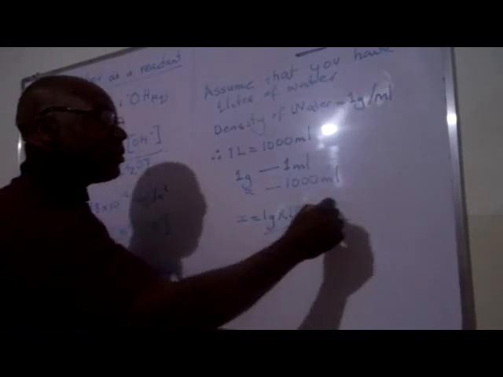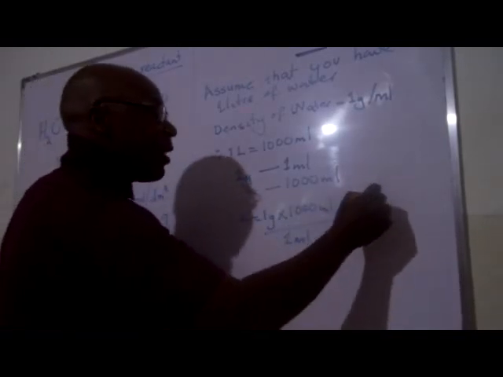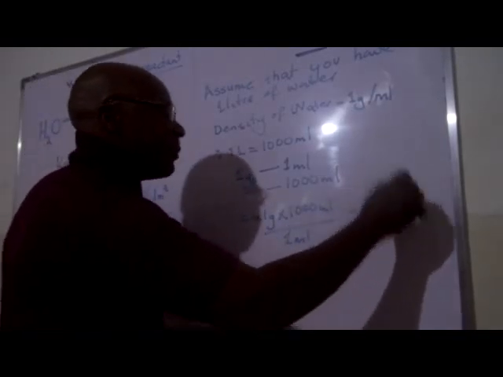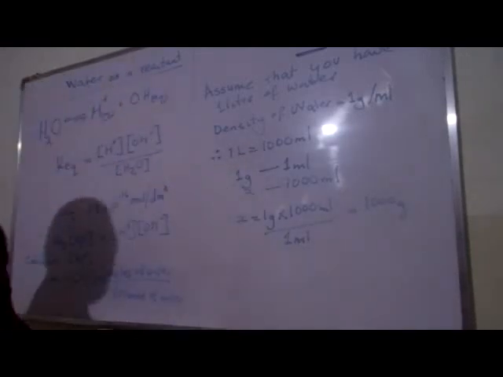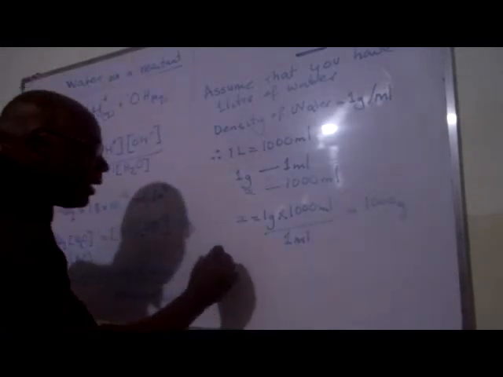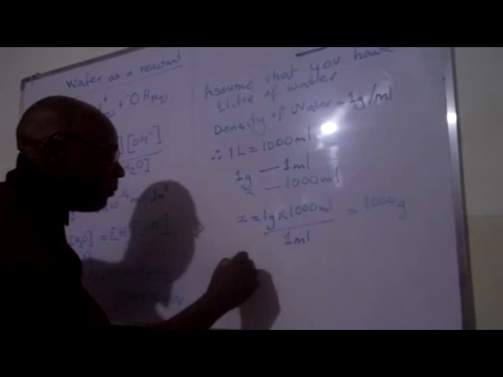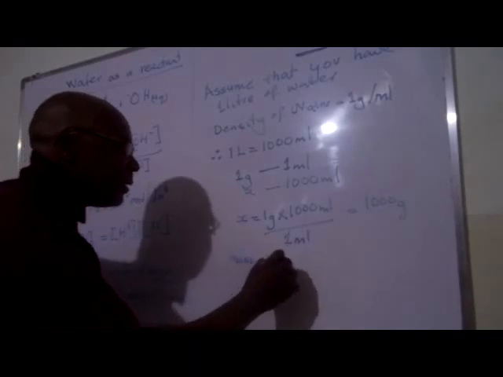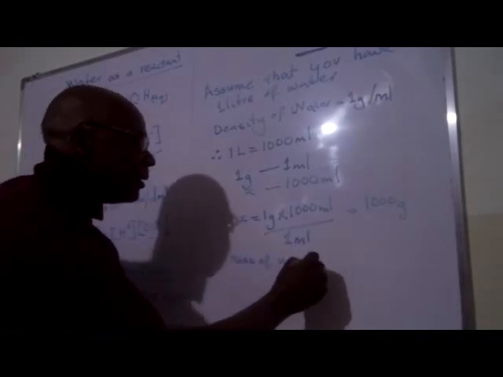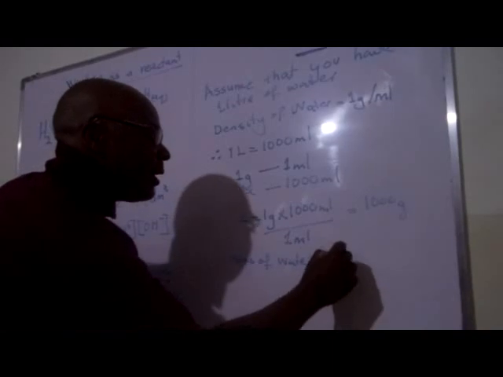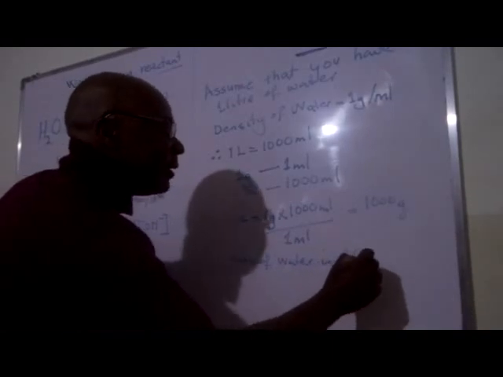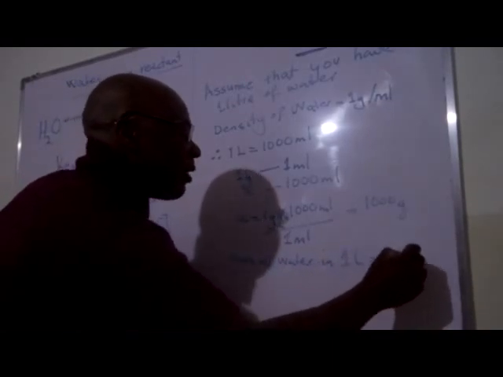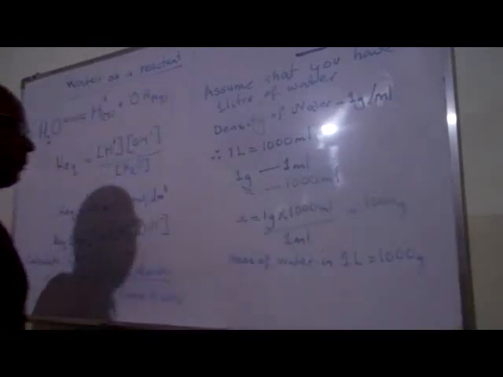At the end of it all, it gives you 1,000 grams. So the mass of water in 1 liter is equal to 1,000 grams.